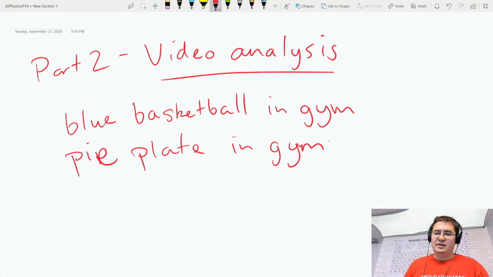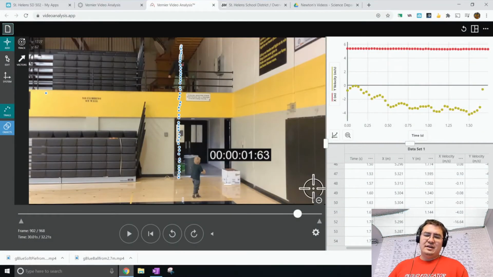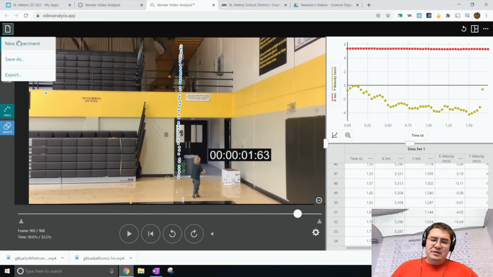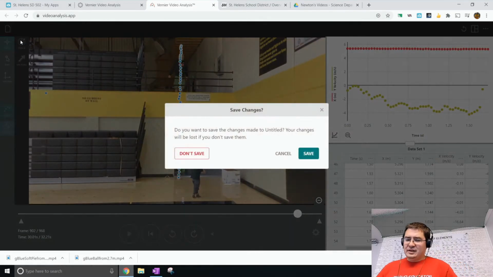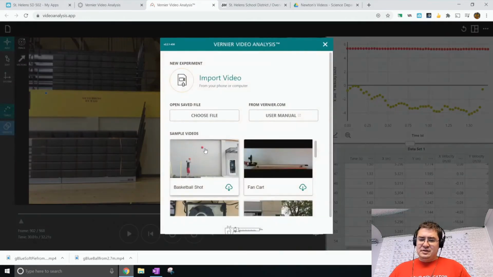Okay, now this one you don't need a formula for, but you are going to need to use some software called video analysis. So the way you get to video analysis, I'll have a link on the Canvas page for the lab. But let me show you how this works. When you click on the link, it's going to bring you to a page that looks like this.